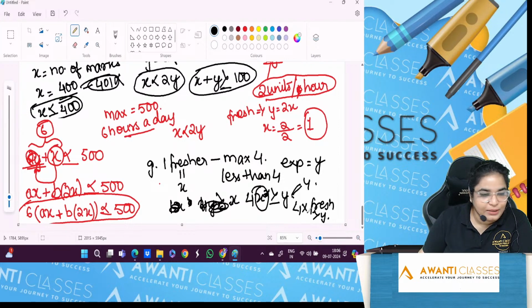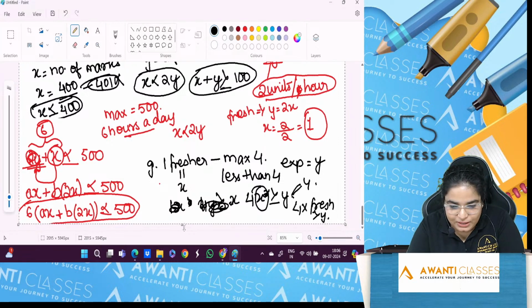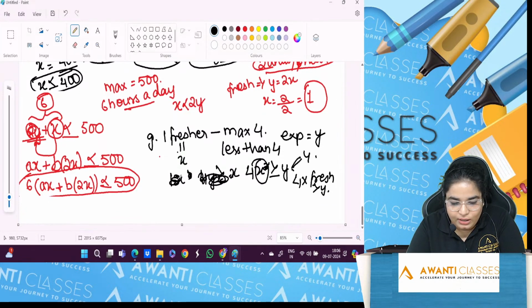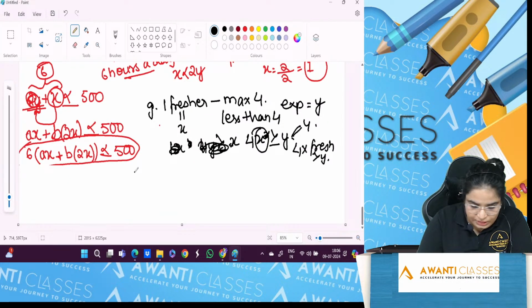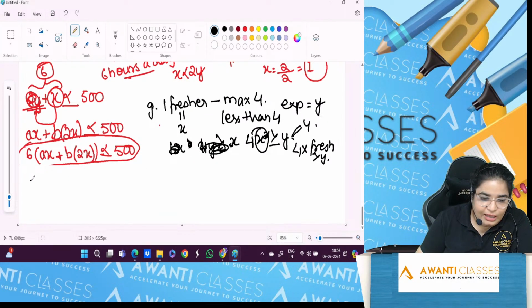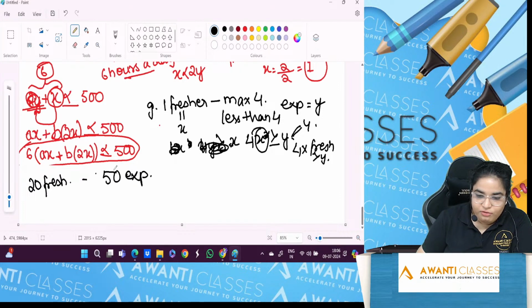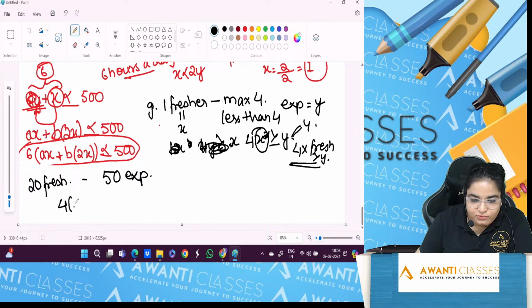Should I repeat this last one? Let me please repeat this last one. In a company, if I tell you that I have 20 fresh workers and 50 experienced workers, will this satisfy the inequality? Yes. Why? Because 4x will be greater than 50.